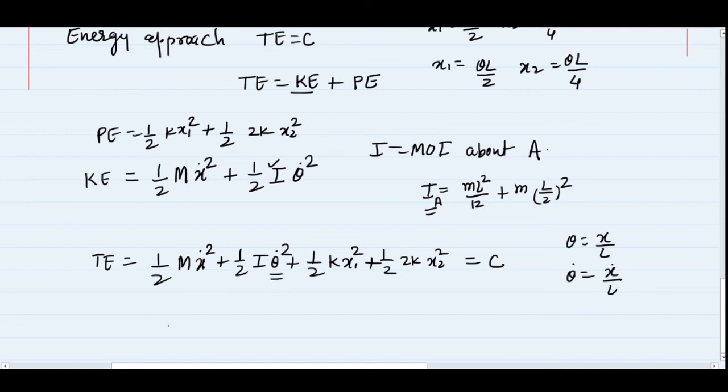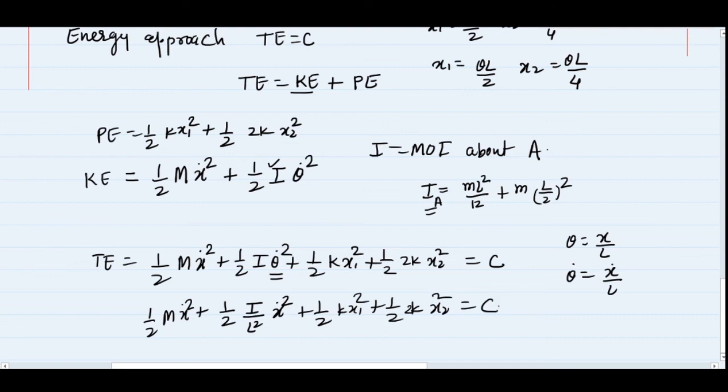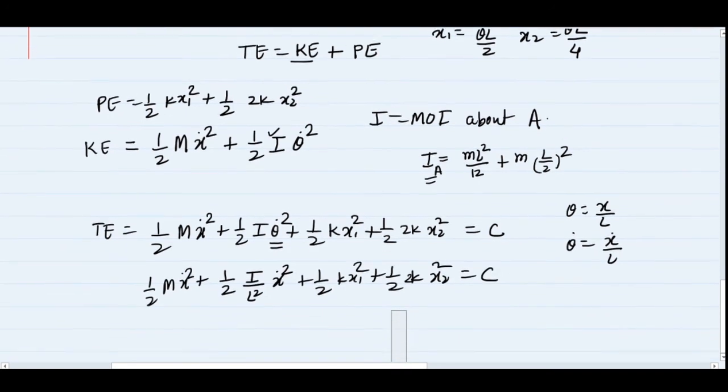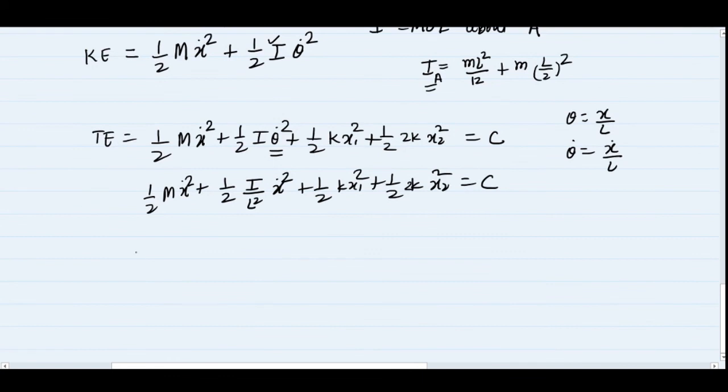I can replace this theta dot in my equation, which becomes 1 by 2 m x dot square plus 1 by 2 I by L square x dot square plus 1 by 2 k x1 square plus 1 by 2 twice k x2 square. That is a constant. When I put x1 and x2 in the equation and differentiate, my final equation becomes m x double dot plus I by L square x double dot plus 3k by 8 x equal to 0.